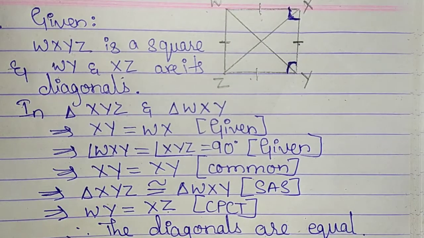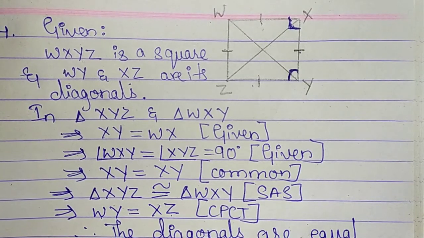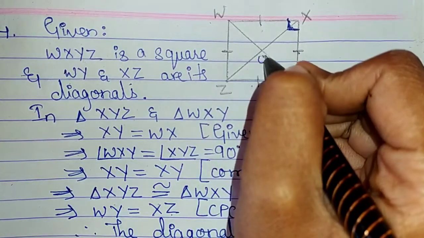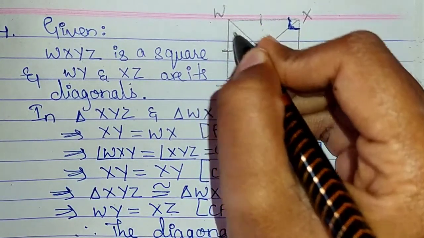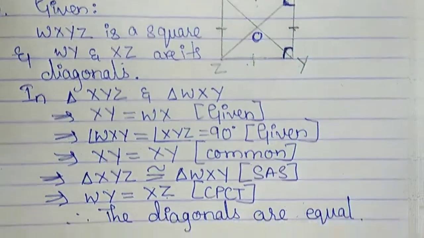We proved that the diagonals are equal. Now it is time to prove that the diagonals bisect each other, and after that we will prove that they are perpendicular to each other. So now name this point of intersection as O. Consider triangle WOX and triangle ZOY.